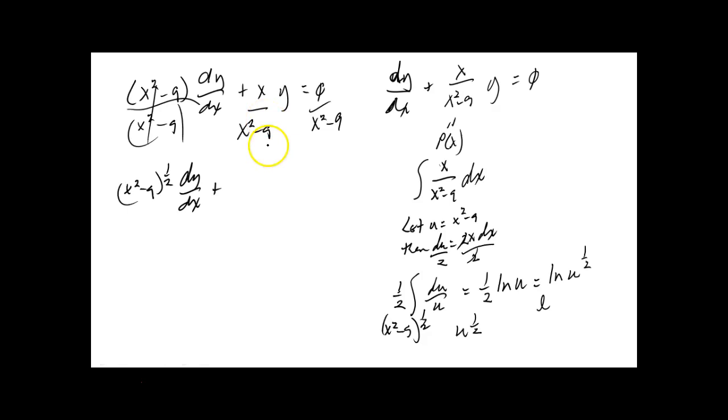let's be careful with this a little bit. That's going to be, well, let's just go x squared minus 9 to the 1/2 times x squared minus 9 times y. I'll multiply the other as 0. Okay, I did that part for you, so you don't have to think about it too much.